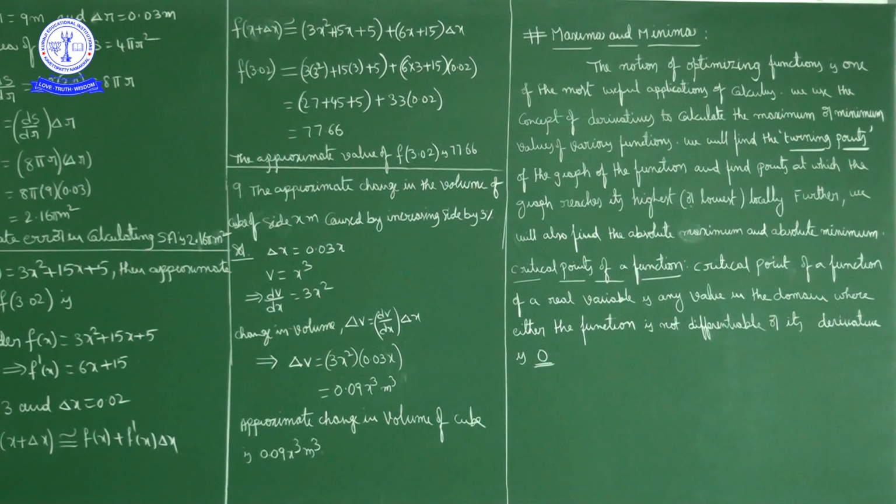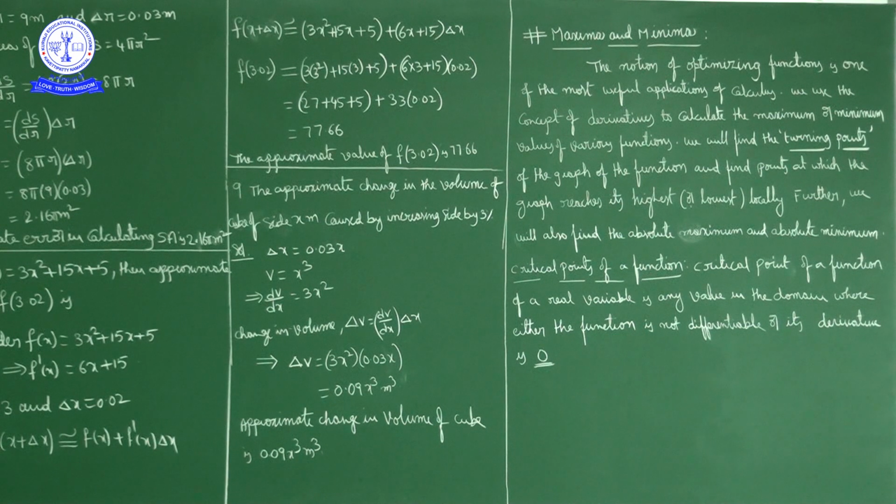This is one of the most important concepts because of optimizing functions. Here we will find what is maximum of a function, what is minimum of a function. Optimizing functions is one of the most useful applications of calculus.